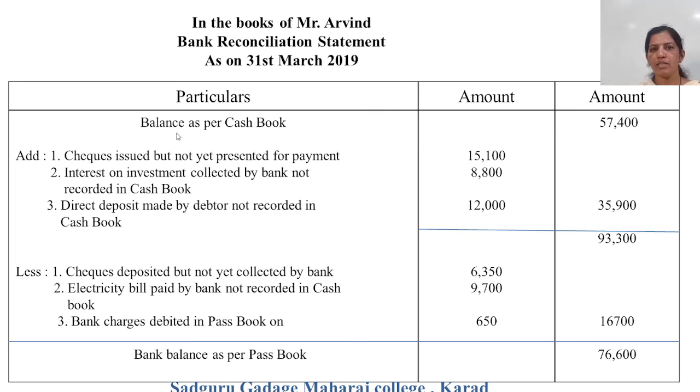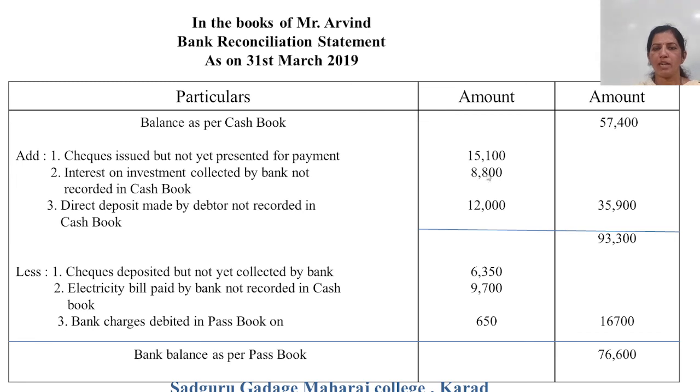Our initial balance is the balance as per cash book and the arrived answer is the balance as per passbook. Give a title to our arrived answer. If the balance as per cash book is given, then the answer is denoted by bank balance as per passbook.